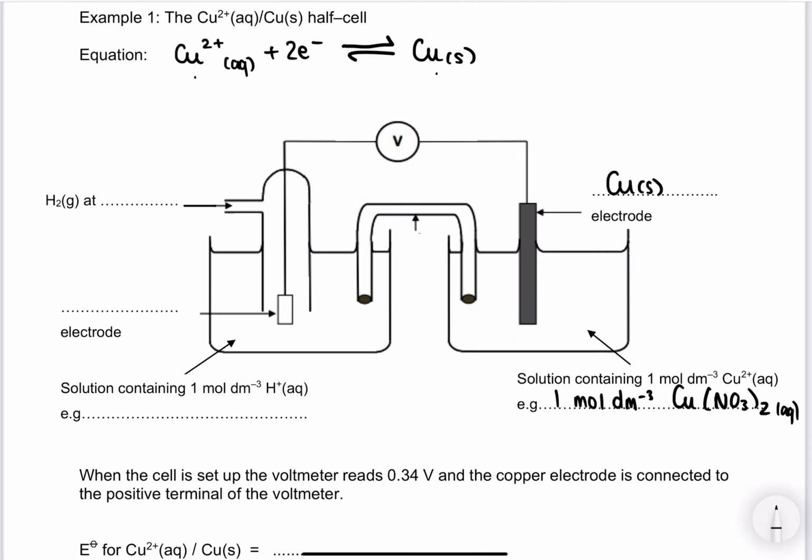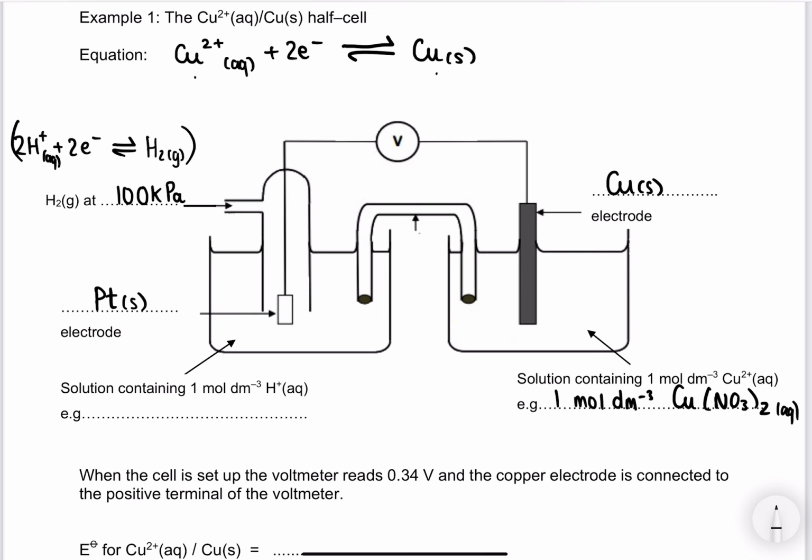We're going to measure it against the standard hydrogen electrode. So the standard hydrogen electrode, if you remember from the previous video, is hydrogen gas at 100 kilopascals, that's the standard pressure, but there is no metal in the hydrogen half equation. If I just put it in brackets here, it was like this: 2H+(aq) + 2 electrons goes to H2 gas.